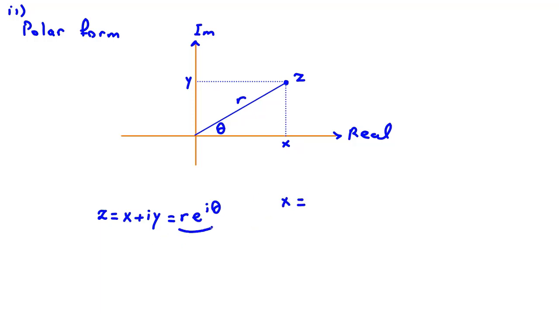x is what? Suppose we have this, we want to find x and y. x is what in terms of r and theta? Try first on your own.